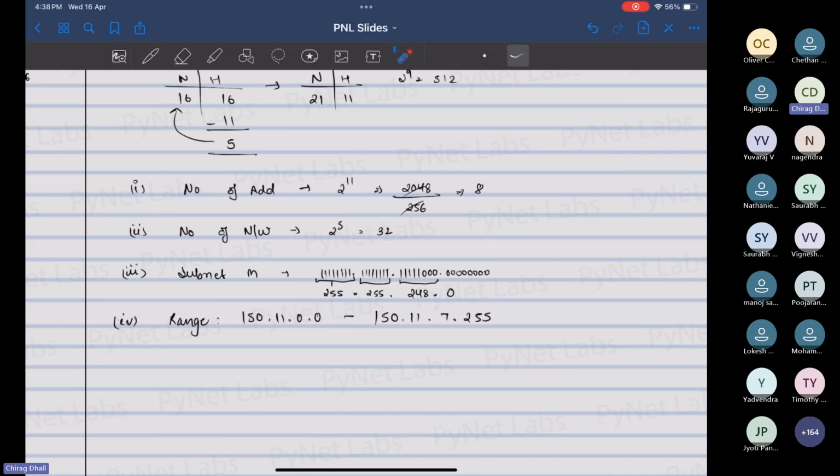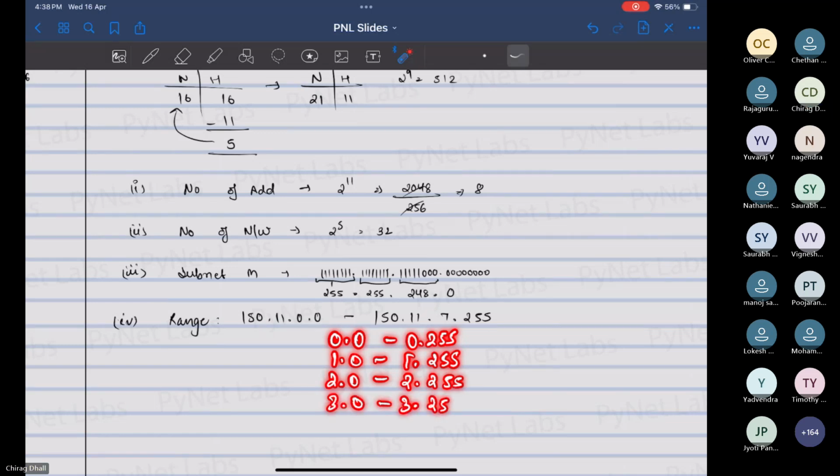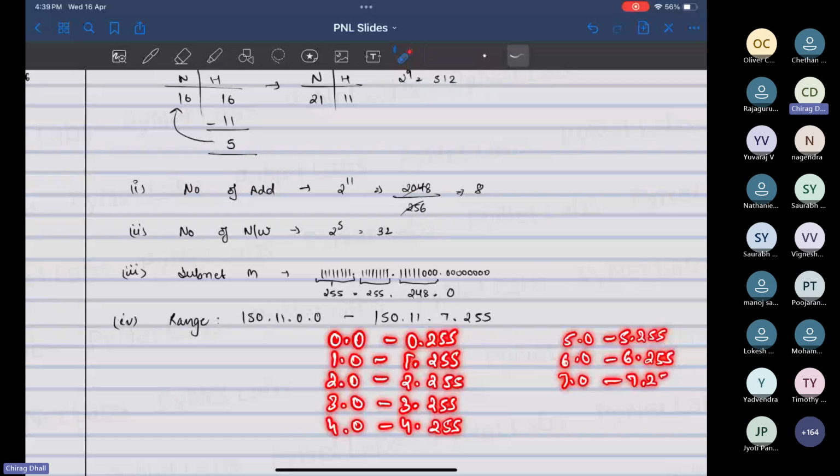I can simply write down 150.11.0.0 to 150.11.7.255 because that combines 8 ranges: 0.0 to 0.255, 1.0 to 1.255, 2.0 to 2.255, 3.0 to 3.255, 4.0 to 4.255, 5.0 to 5.255, 6.0 to 6.255, 7.0 to 7.255.